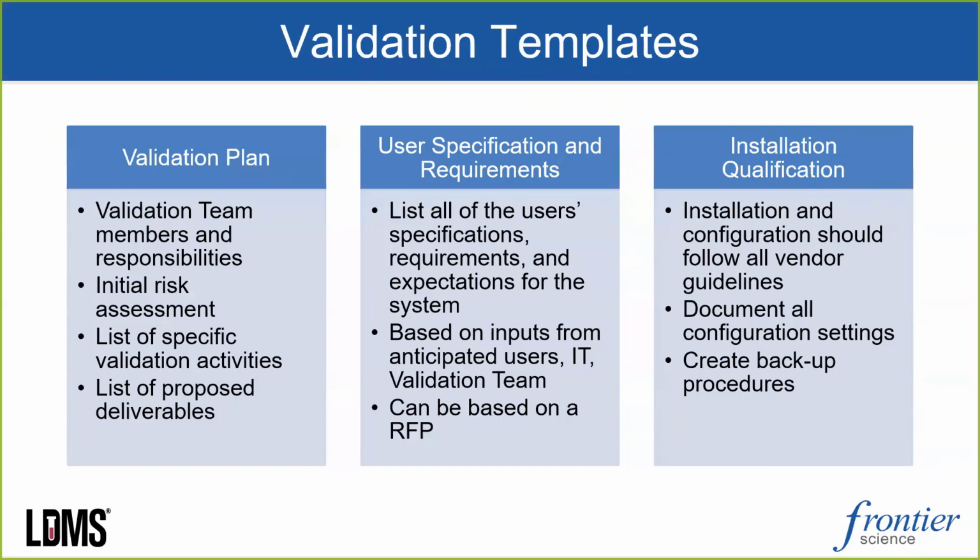If you're part of vendor selection process, this can be also based on an RFP. So an example of a user requirement, the LDMS, or the software, will accession specimens. The software will allow for the virtual storage of specimens and the management of a biorepository.